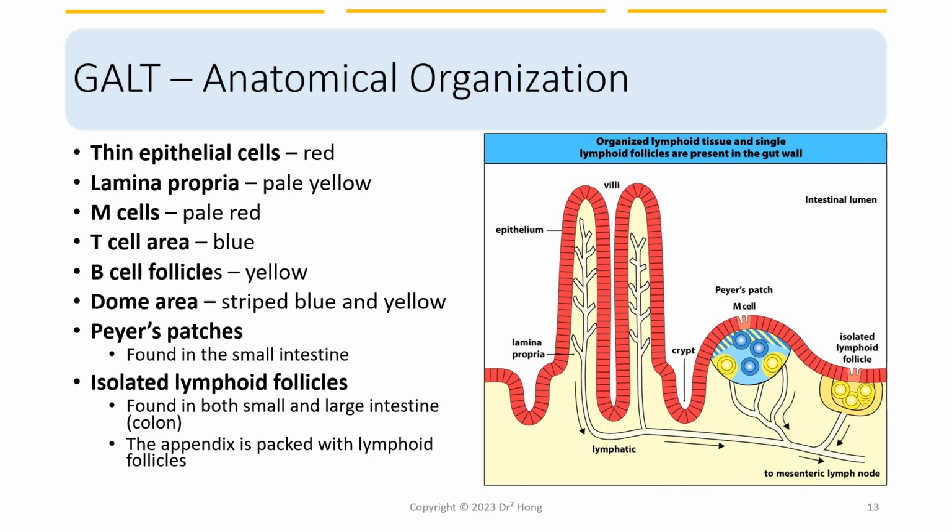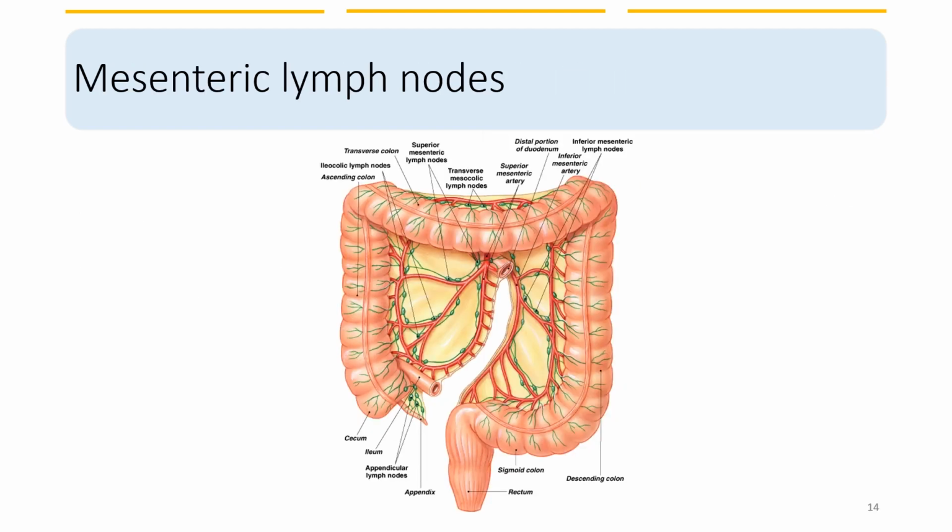Only B cells are found in these isolated lymphoid follicles, in contrast to having both B cells and T cells in the Peyer's patches. This is an illustration of the mesenteric lymph nodes. B and T cells activated in the Peyer's patches leave via the lymph and travel through mesenteric lymph nodes and the thoracic duct to the blood.